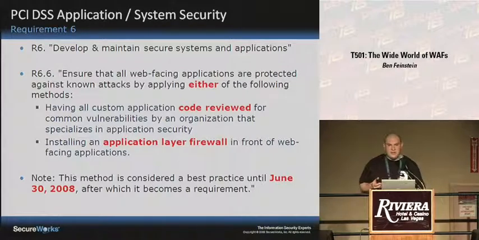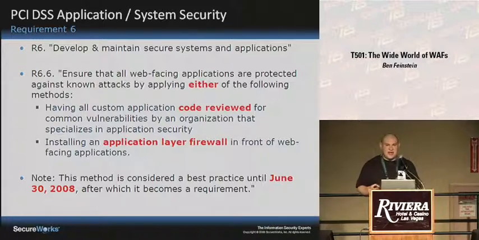And they give organizations a choice of how to comply with this. You could do code review, and that could be manual or automated code review, though there's not a whole lot of clarity around what they mean by that. Or you can install a web application firewall in front of your web-facing applications.